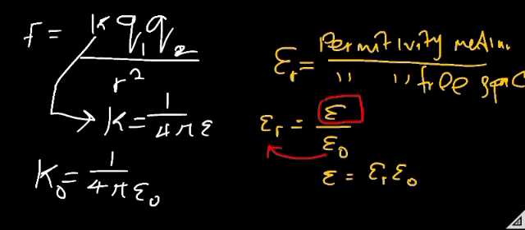Alright, so what we want to do now is derive a little expression. If we observe this equation very carefully, we discover that we can replace this epsilon with this. Is that correct?